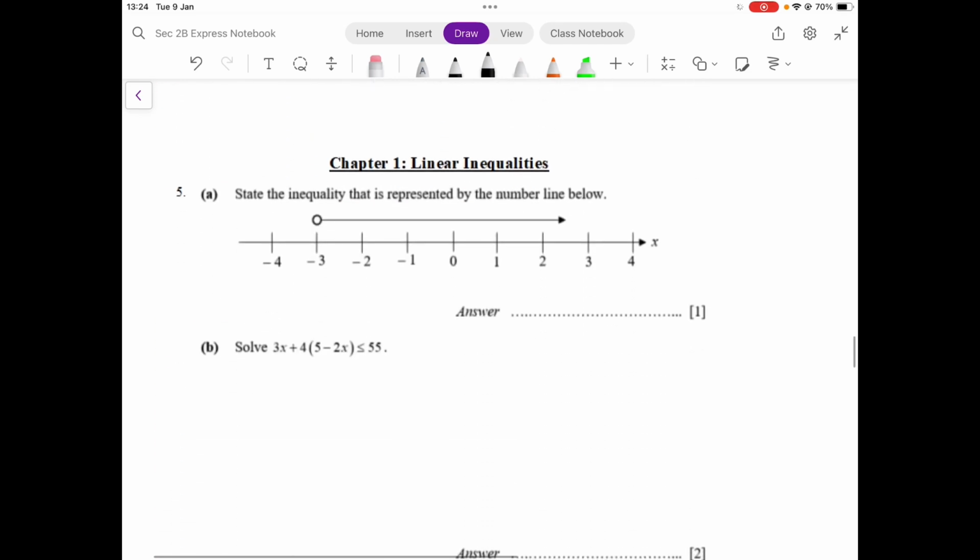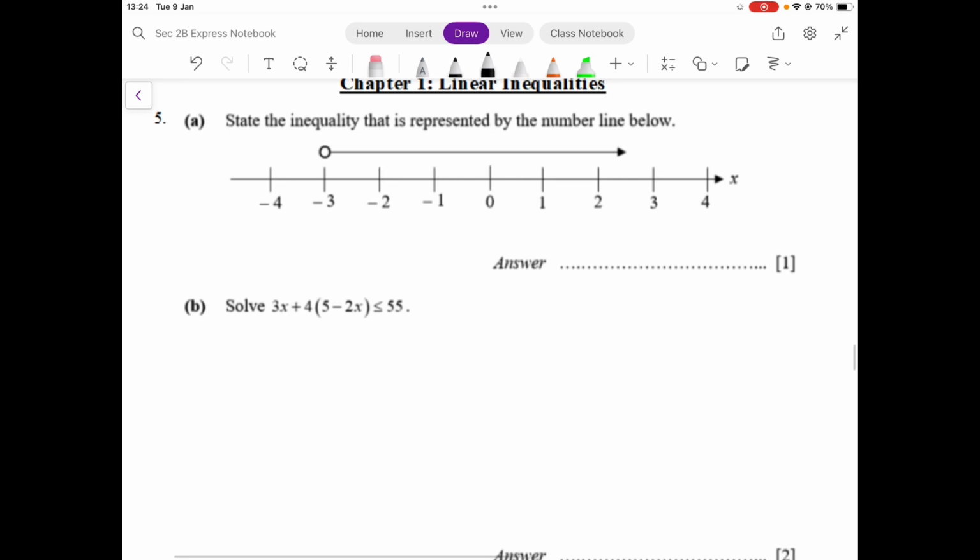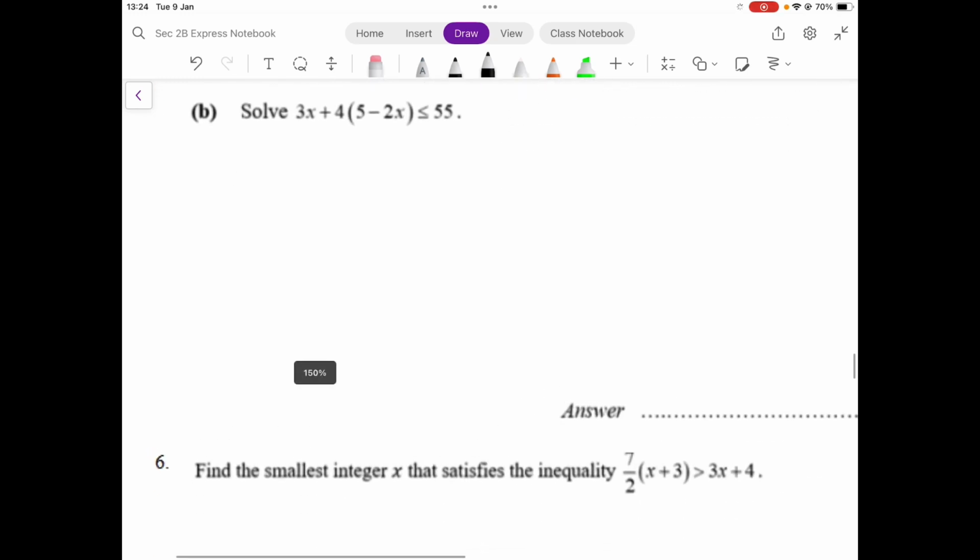Okay, so next one will be state the inequality represented by the number line. So the values cover numbers here. Right, so this one, the circle, means is more than. So your answer will be x more than minus 3. Okay, next one.